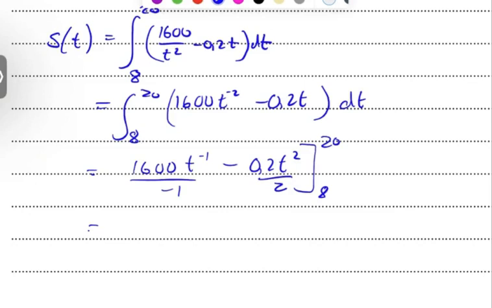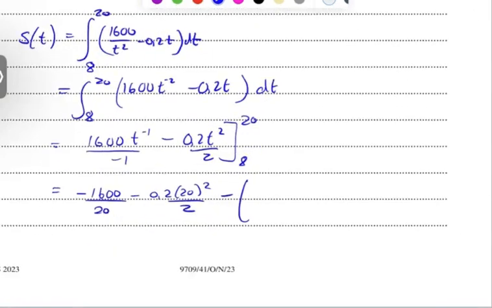So that's minus 1600 over 20. And then I'm subtracting. If we look at this, minus 1600 over 20.